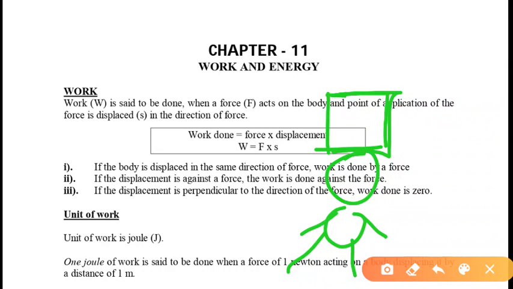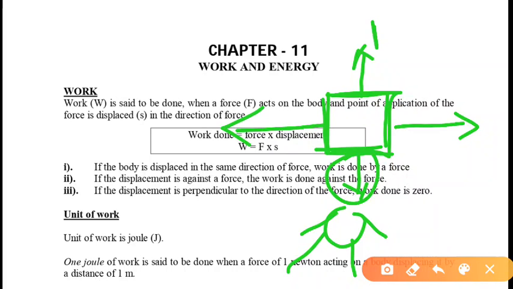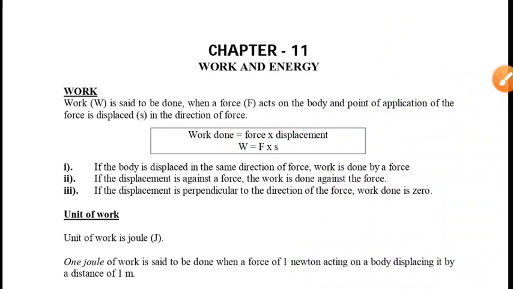This body applies a force in the downward direction, and you apply a force in the upward direction on this body, but you are moving on a surface in this direction or that direction. So the angle between force and displacement is 90. It means if you are keeping a weight on your head and moving in a horizontal direction anywhere on a horizontal surface, you are doing zero work. So in this case work done will be zero.